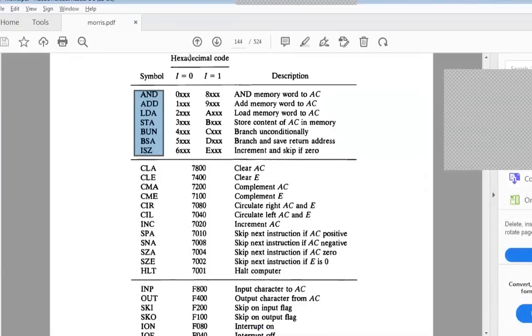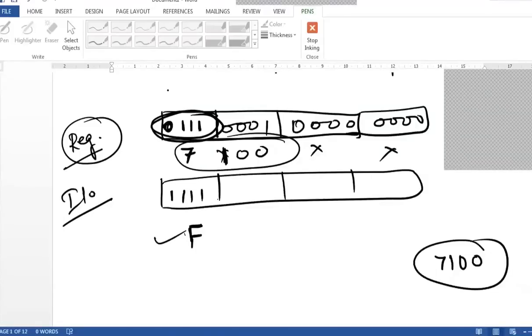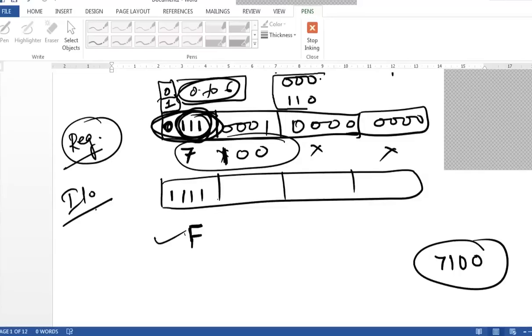For a memory reference instruction, we saw that the first bit can be either 0 or 1, and the opcode bits range from 0 to 6. Why? Because 111 is fixed for register and IO. So these 3 bits range from 000 to 110.